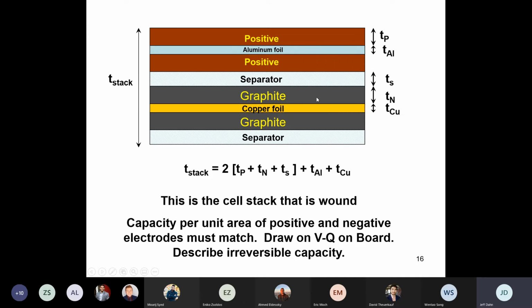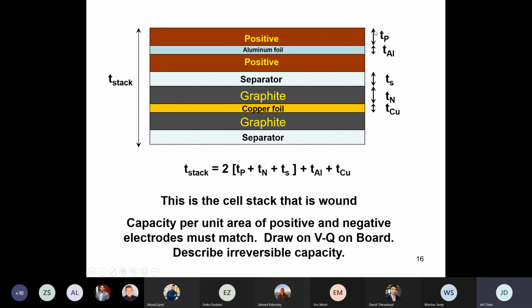Okay, so I want to talk about what balance means. I'll do that on my document camera in just a second, okay? But what I want to show you is that the stack has some thickness that we call T-stack, and that's going to be appearing throughout this PowerPoint. The thickness of the stack, you just add up these different thicknesses.